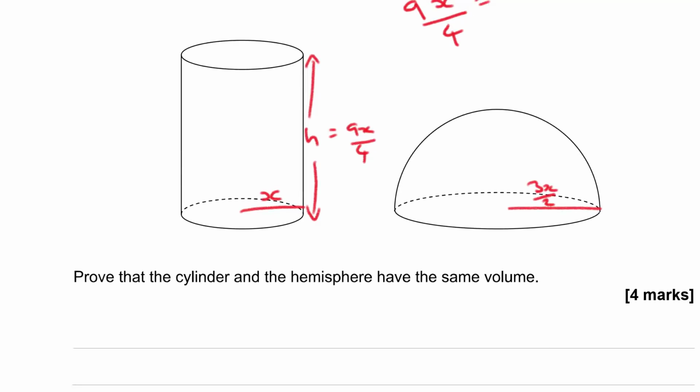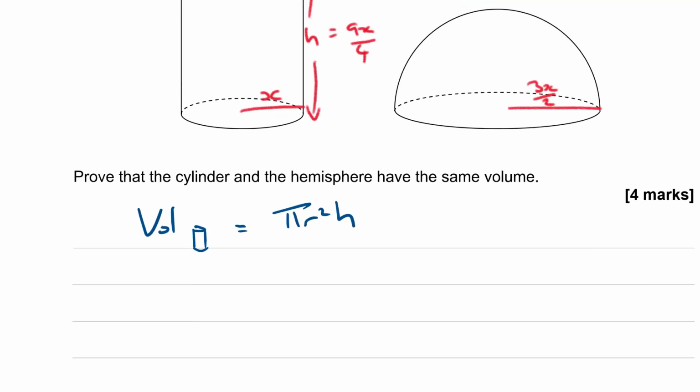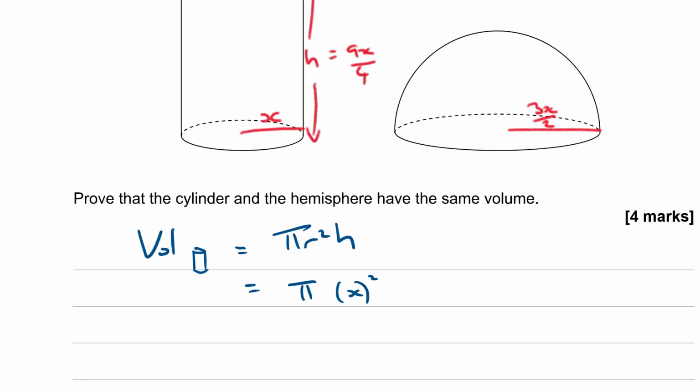So the volume of the cylinder is going to be equal to, right, it's a prism, isn't it? So it's the area of the cross section, pi r squared times the distance between them, h, which in this case is pi, we know the radius is x, so radius squared times h, which we now know in terms of x as well, that's 9x over 4.